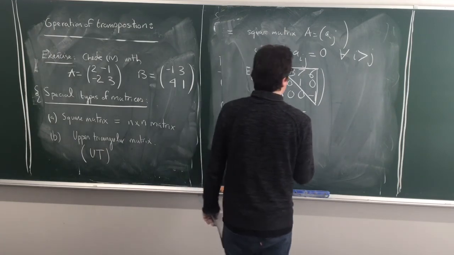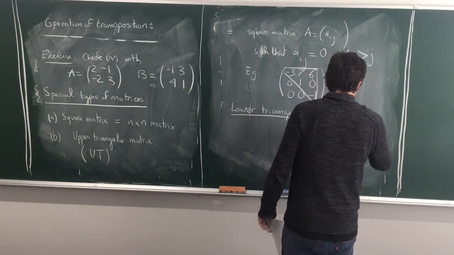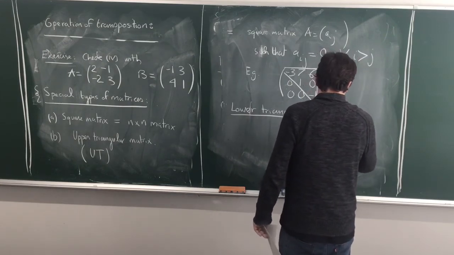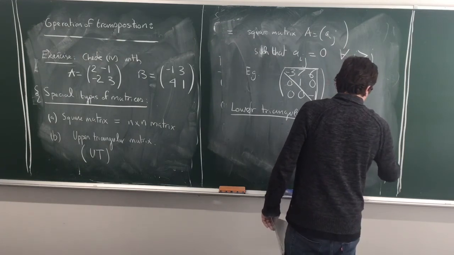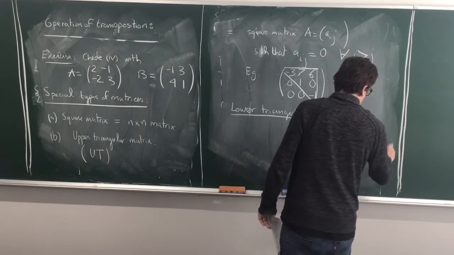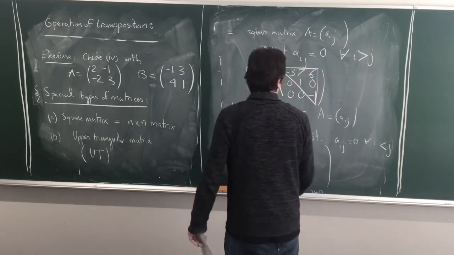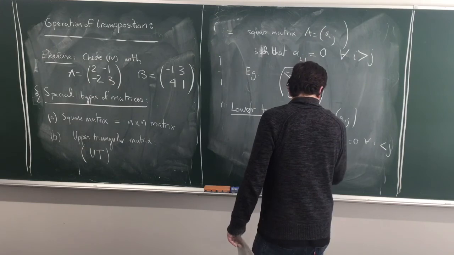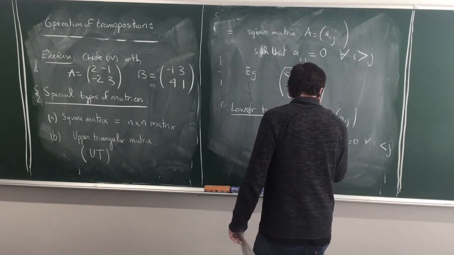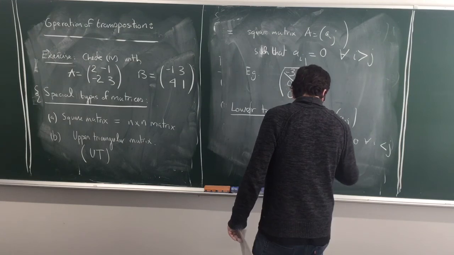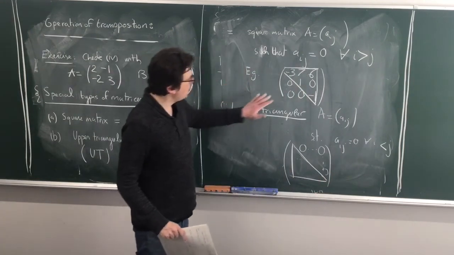Lower triangular will be a matrix (a_ij) such that a_ij equals 0 for any i, this time smaller than j. Visually, this will always be something like this: these are the diagonal entries, and here you will have only zeros. This will be lower, this will be upper.